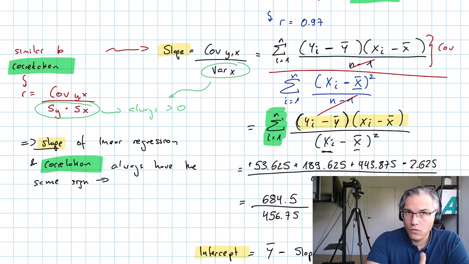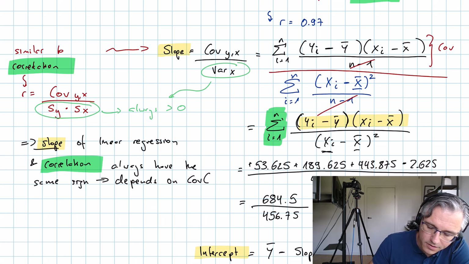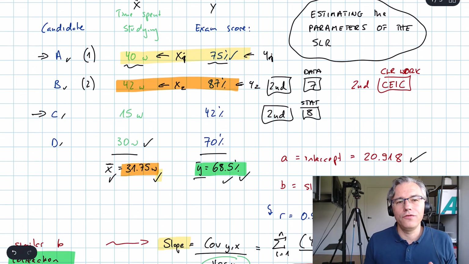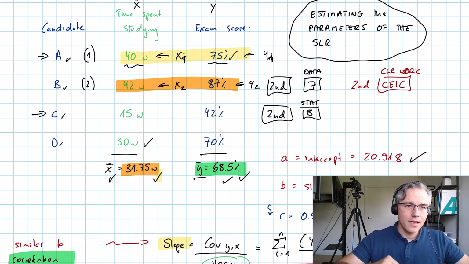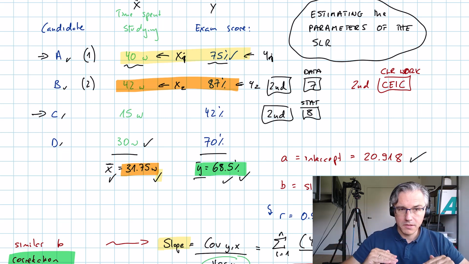And so if one is positive, the other has to be positive as well. And whether it's positive or negative is determined by the sign of the covariance. So this depends on the covariance being either positive or negative. And covariance, as you saw, the sign of it is a function of whether there is consistency in x and y being at the same time above or below their respective means.